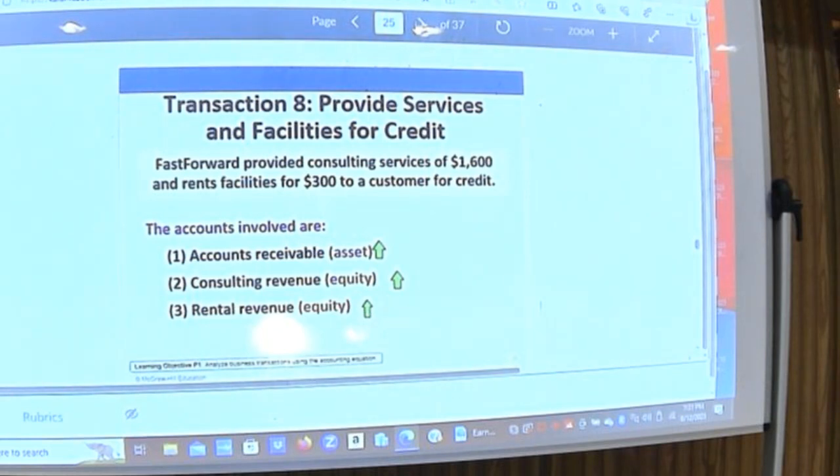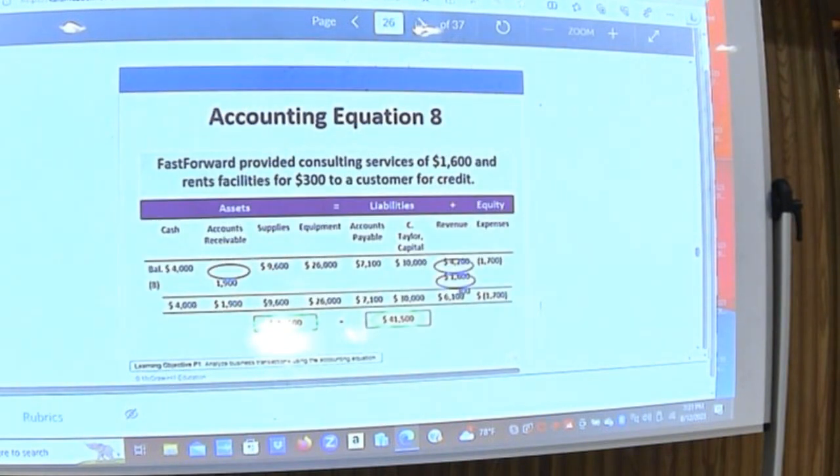And then we've got some more rental revenue. Both of these transactions are for credit. And we'll take a look at the accounting equation to see that it's still in balance. You can see those two transactions there. Now we've got 41,500 on the left, 41,500 on the right.